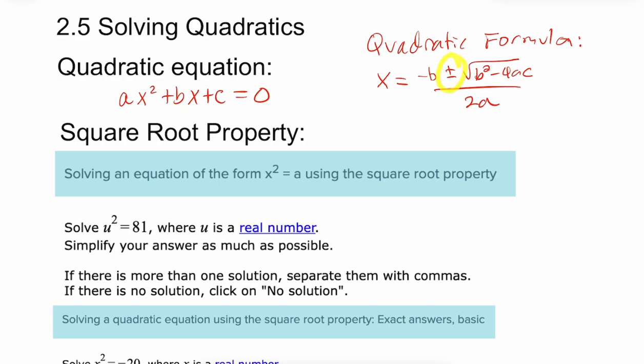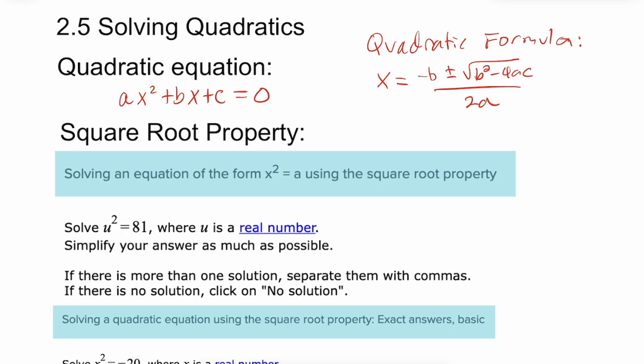Now the plus or minus occurs because when you do something called completing the square and take a square root, you get a plus or minus, and that's where this formula comes from. Okay, so that's a formula we will use here and there.